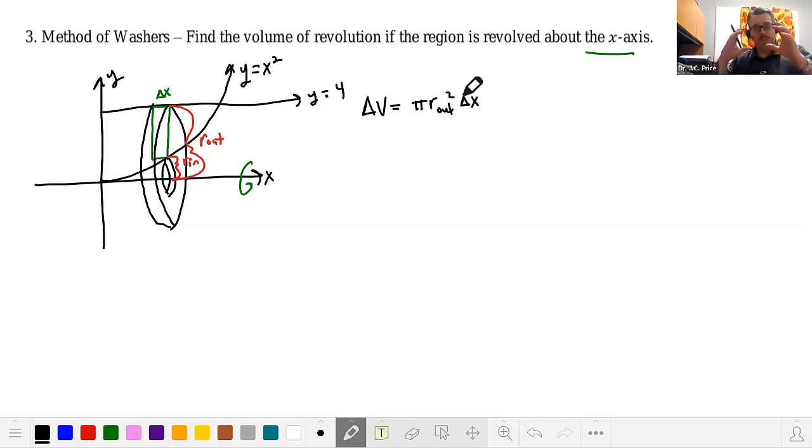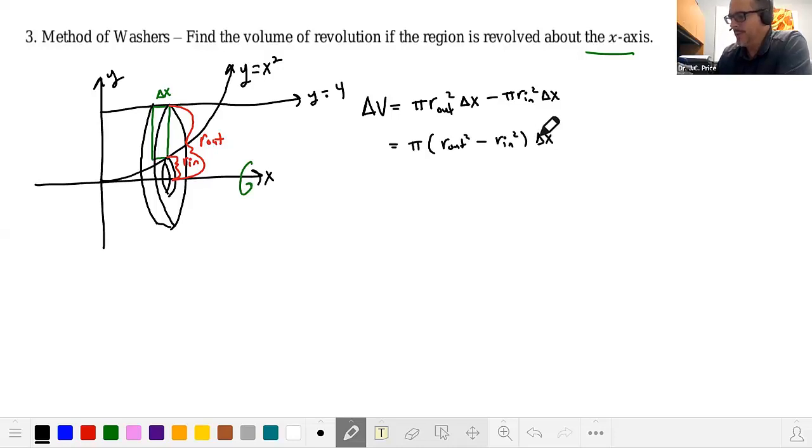That's the volume of the outside disk. And then take off pi times R in squared delta x. That's just the volume of the inside disk. And so that'll be equal to pi times R out squared minus R in squared, then delta x.